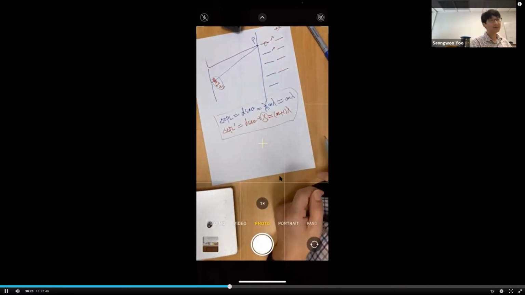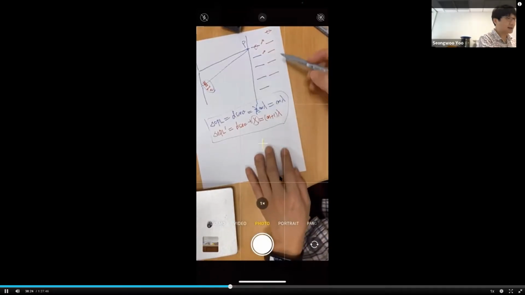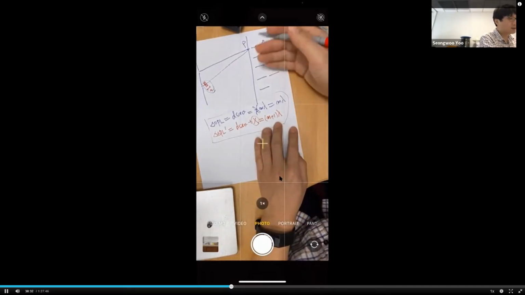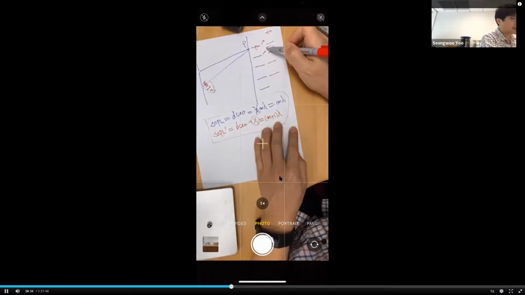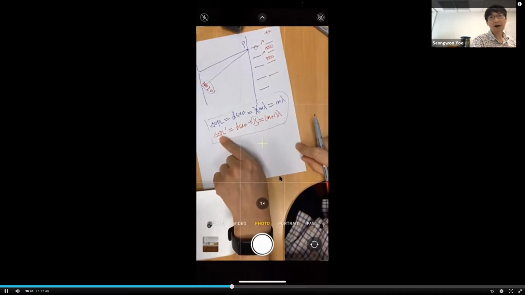Now, here we assume that this bright fringe moved to the adjacent bright fringe. What about if the bright fringe moved to the dark fringe? Then what should be our new optical path length difference?